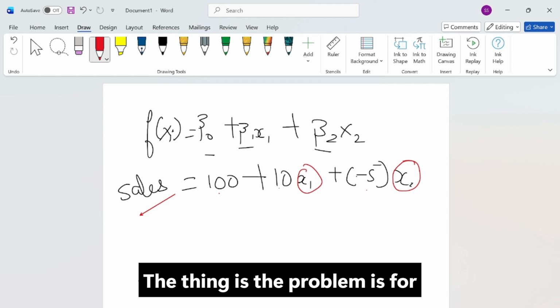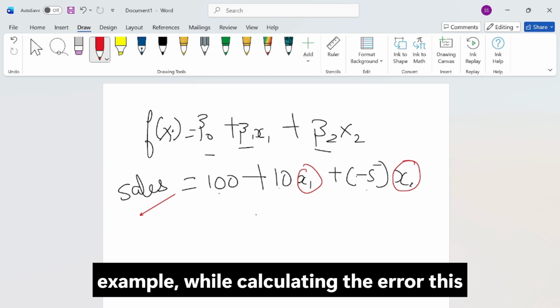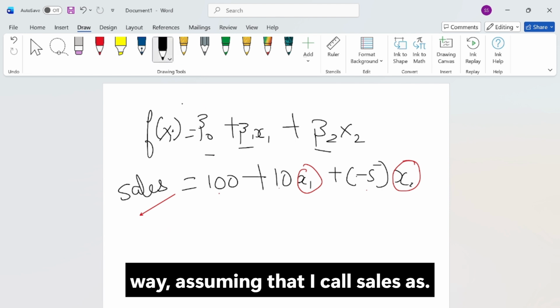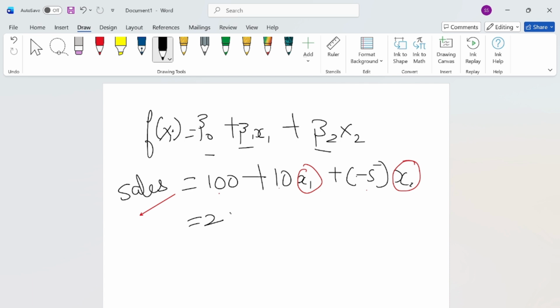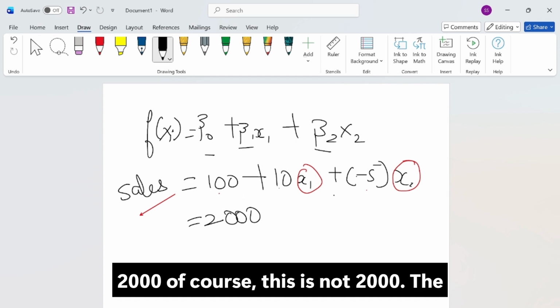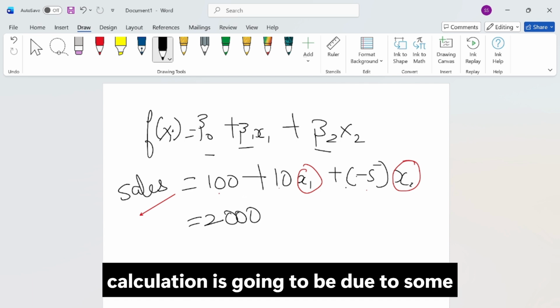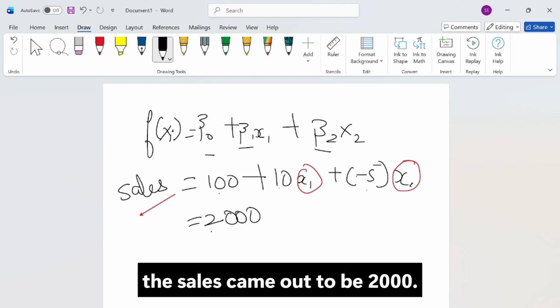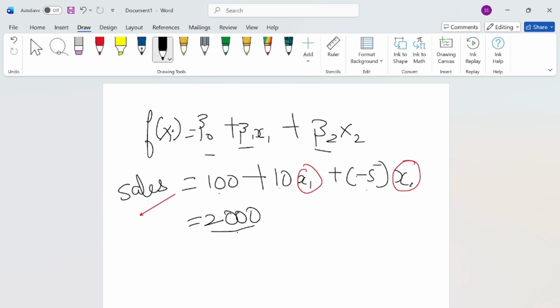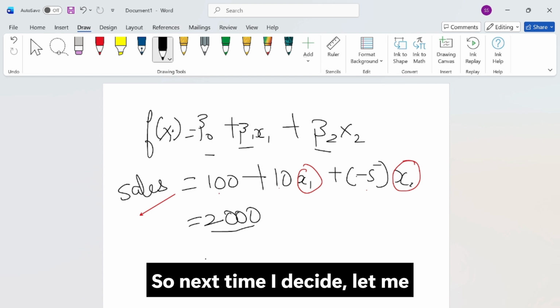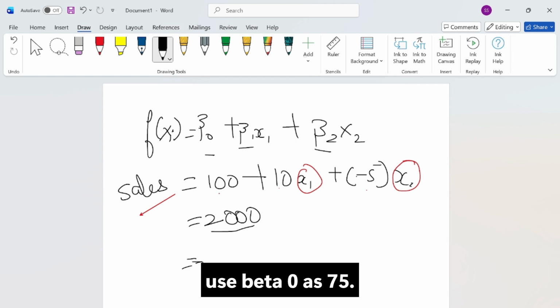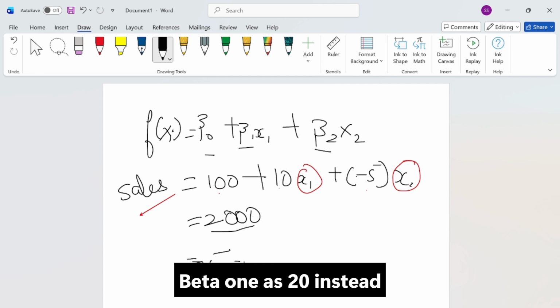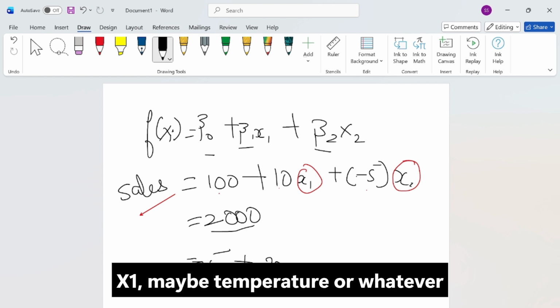All right. Now the problem is, for example, while calculating the error this way, assuming that I got sales as 2000. Of course, this is not 2000, the calculation is going to give you some different outcome as well. I assume, say, the sales came out to be 2000. So next time I decide, let me use beta 0 as 75, beta 1 as 20 instead of 10, and multiply by x1, maybe temperature or whatever.